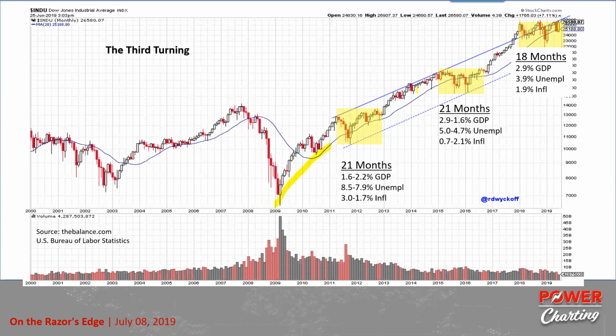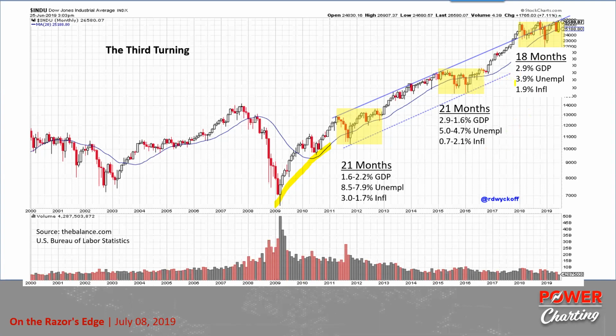And you can see that there's this really well-formed uptrend channel that has been in operation. And we can see three consolidations here that are outlined in yellow, and the current one, which is almost of the same duration as the prior two.